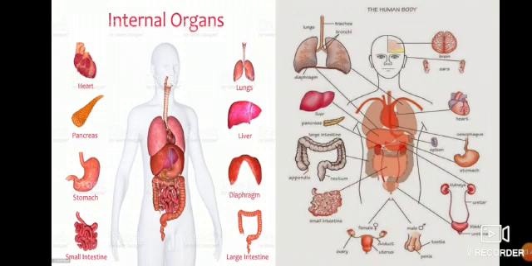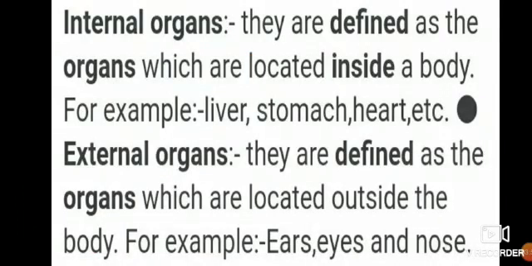Now, what is the difference between the internal organs and the external organs? Have you all studied? Yeah. Internal organs are the organs which are located inside our body. That is liver, stomach, heart, kidney. These are the organs which are inside our own body, but we cannot see them.